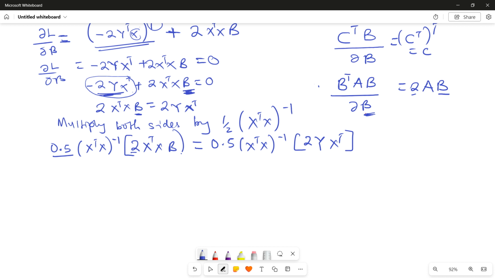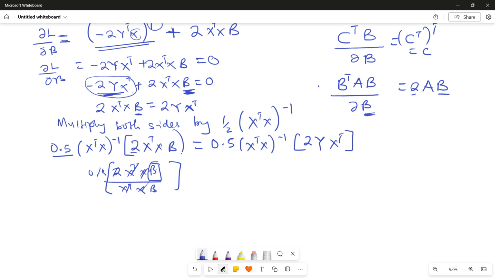In short, everything will cancel, because it's more like we're saying 2x transpose x b divided by x transpose x, but we don't want to divide, though the logic is the same. So this and this will give us a 1, then we cancel, meaning we just remain with b, which is what we want.